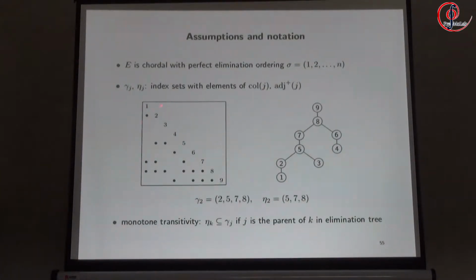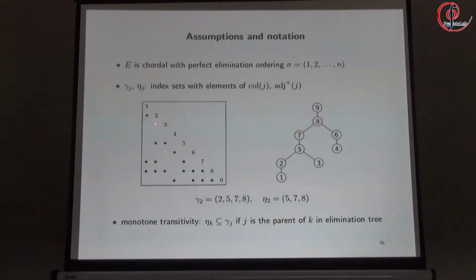So for column J, this set is just the row indices of the non-zeros in column J. Here for simplicity we call that gamma J. And then the monotone or higher neighborhood is the same set but without the diagonal. So for example, for column 2, gamma 2 will be 2, 5, 7, 8, so that's the structure of column 2 of the sparsity pattern.